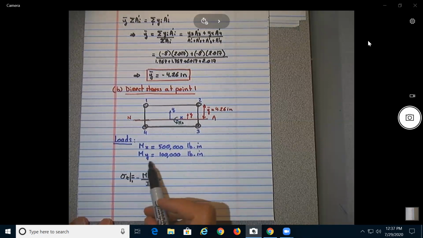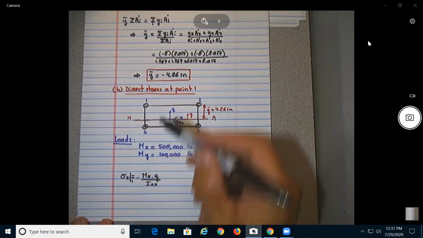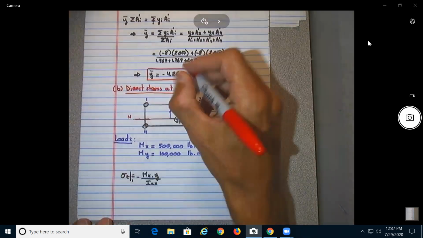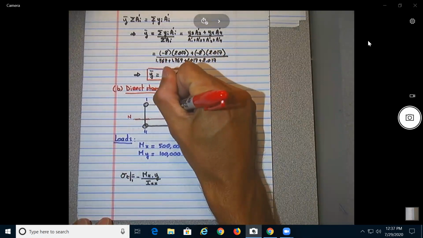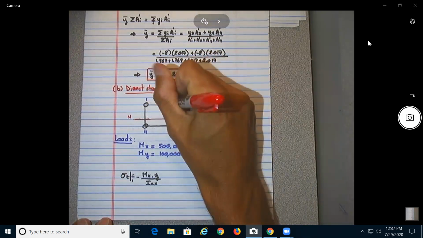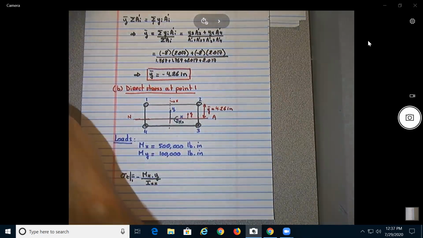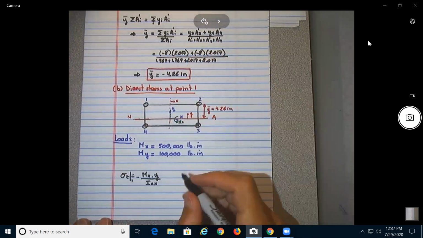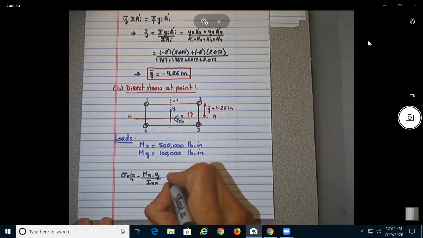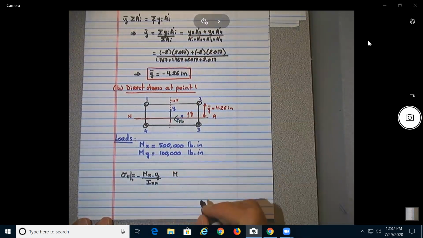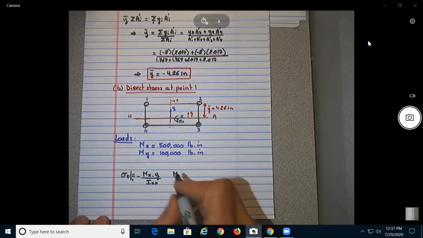Now, the moment my is going to create bending about which axis? About the Iyy, so will be, let's forget about the sign for now, my.